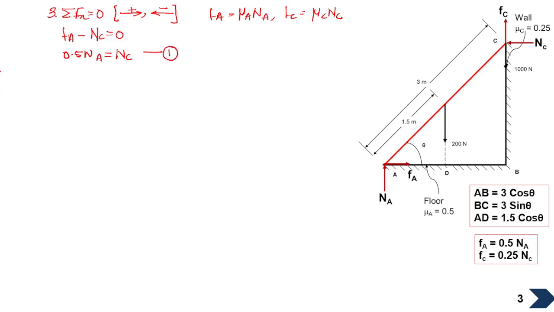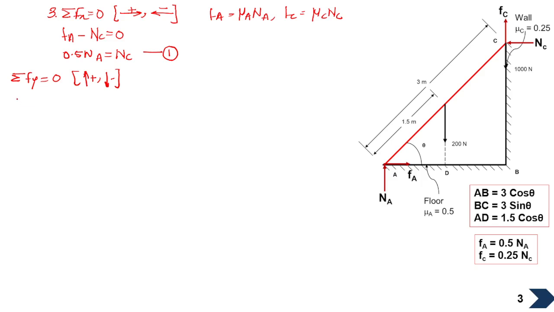We'll apply the second condition of equilibrium, sigma Fy equals 0. We'll assume the sign convention as upward positive and downward negative. Now we have vertical forces NA, 200, 1000 and FC, so we have 4 forces here.